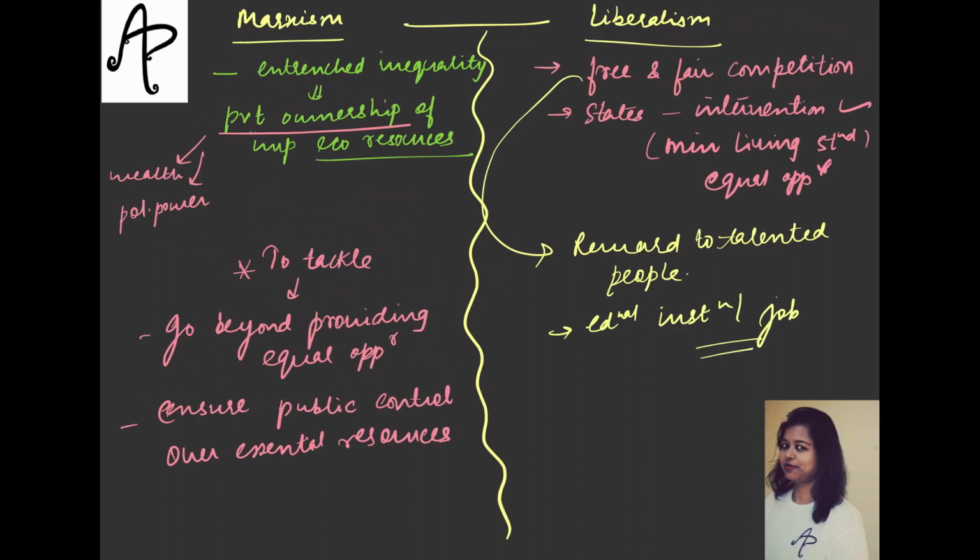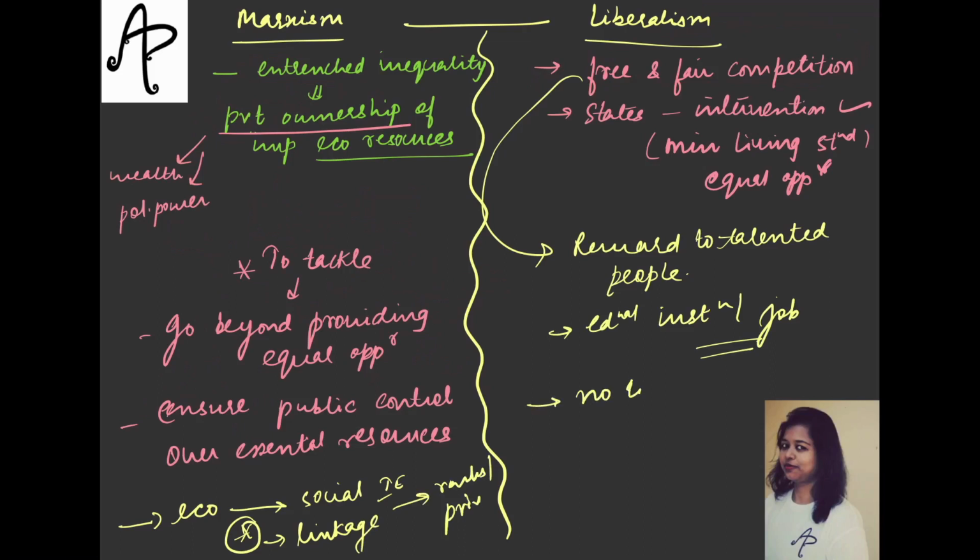Okay. And according to them, now here they also said that because of the economic, there will be social inequality also. So it has talked about a linkage between different forms of inequality, so that you will have, let's say, ranks, privileges, etc. But here it is believed that there is no link between different forms of inequality.